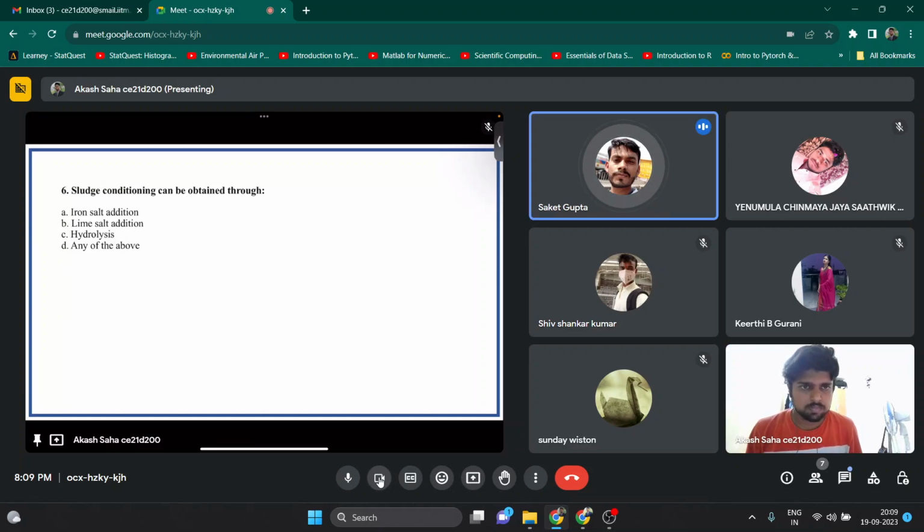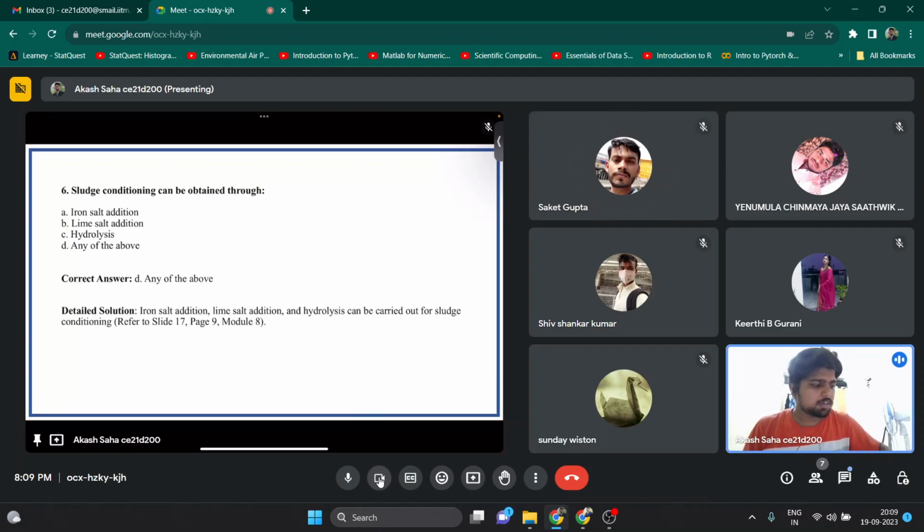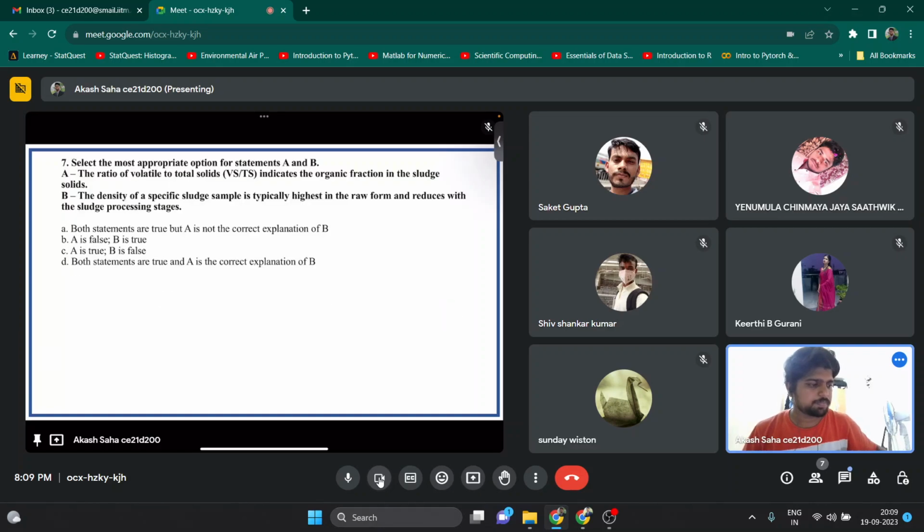Sir, I think option D will be correct. Yes, so any of the above is the right answer, because hydrolysis will also help break the water gel pack and condition the sludge for dewatering. So hydrolysis will also be an option rather than only the iron salt or the lime salt addition. Okay, so all three are correct options. So option D is correct.